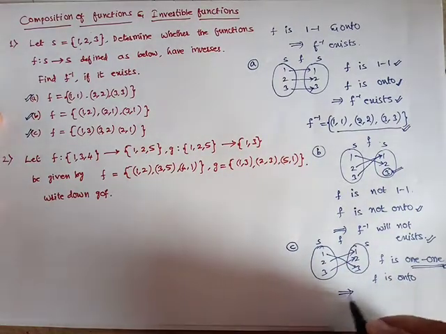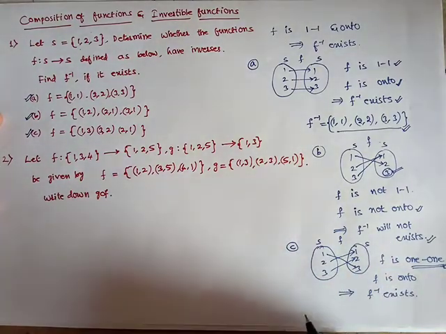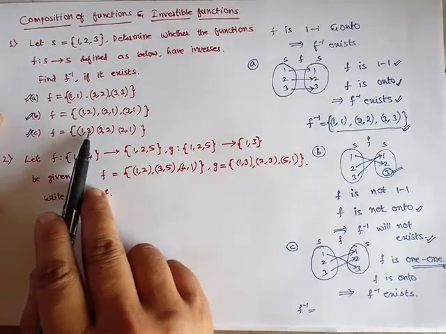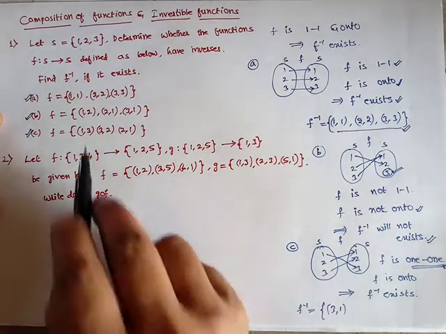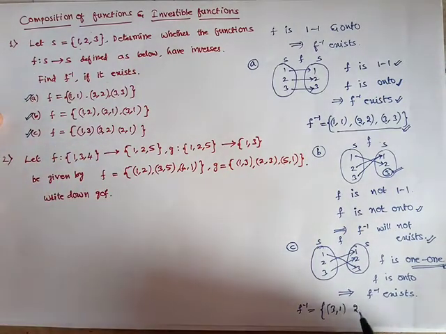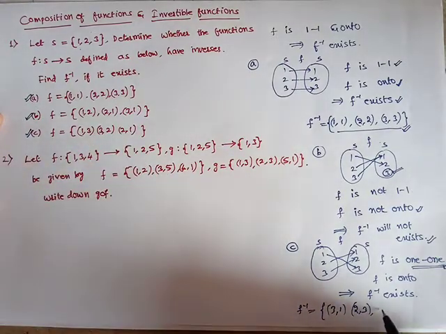So F is 1-1 and F is onto, then F inverse will exist, and F inverse will be taken in the reverse order. (1,3) is there, then take (3,1), and (3,2) is there, take (2,3), (2,1) is given, so take (1,2). So this is your F inverse.